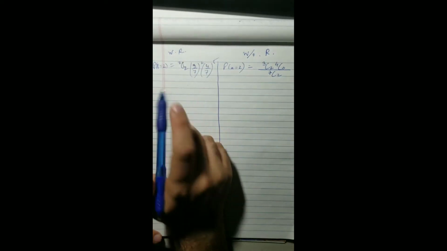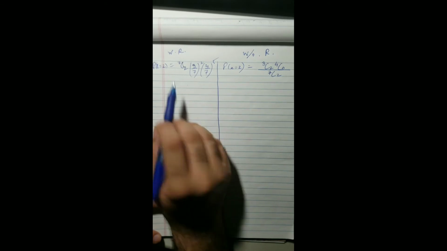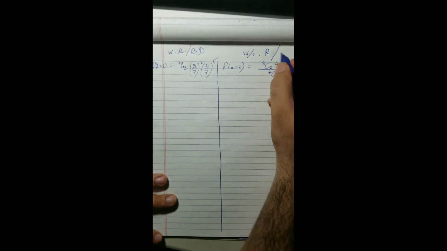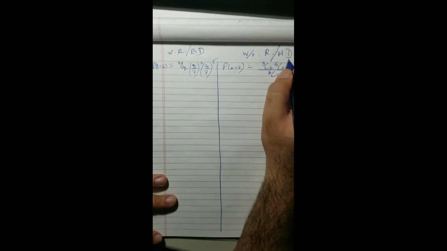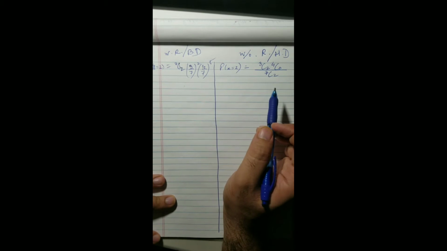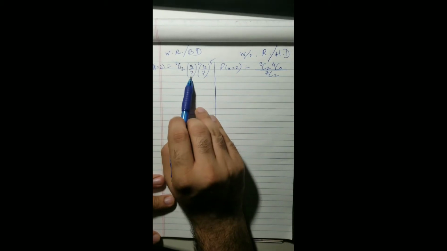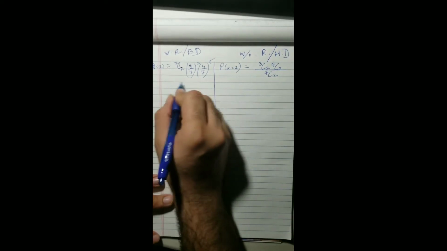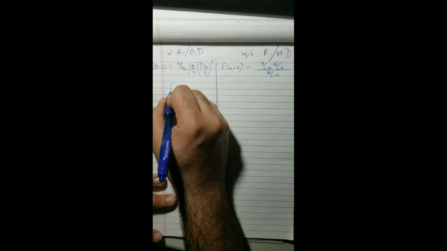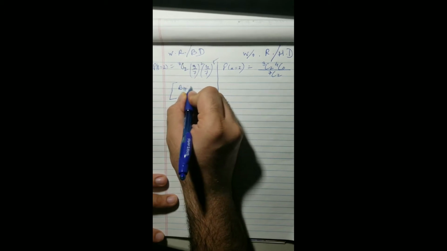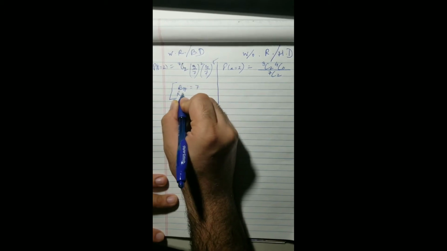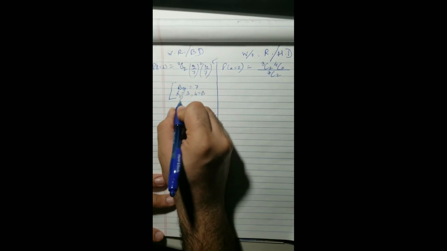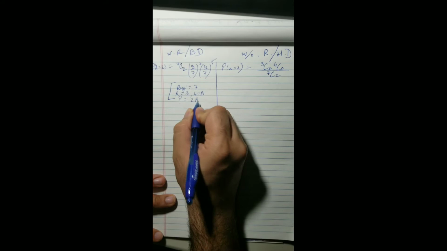In case of with replacement, that was our binomial distribution, which is 7C2 (3/7) squared (4/7) to the power 5, where just to give the context, the problem was: there is a bag which has 7 balls, 3 being red, 4 being blue, and we have to find the probability distribution for 2 red balls.